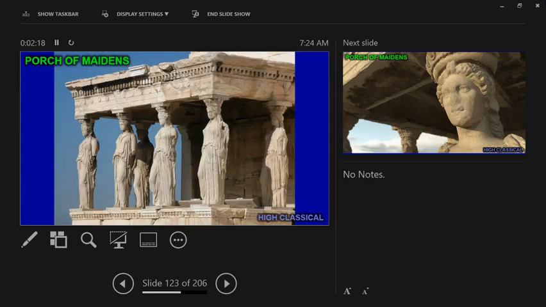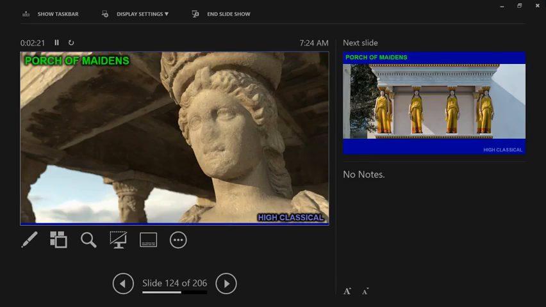We can look at it a little bit more closely. And if we get real close, we can see that there's been a lot of damage to these sculptures. And what they did is they took the original sculptures out from the porch and put them in a museum where it's climate controlled, and they put in place exact copies of them made out of concrete.